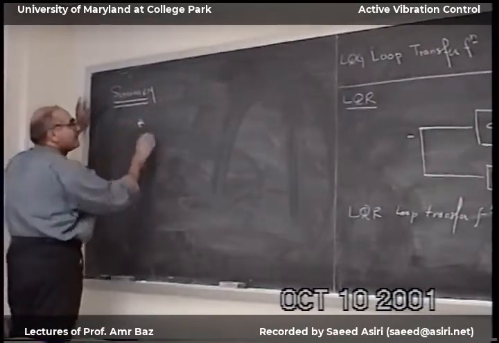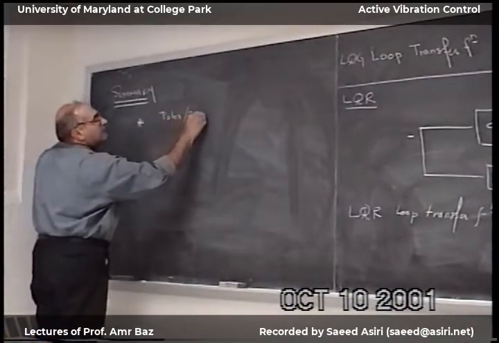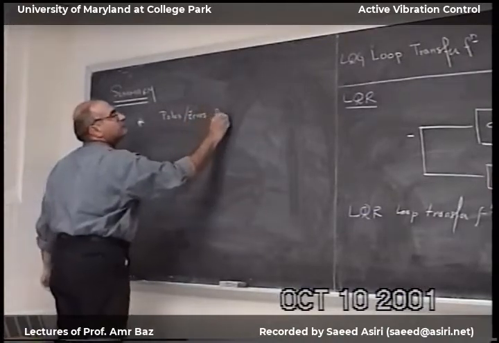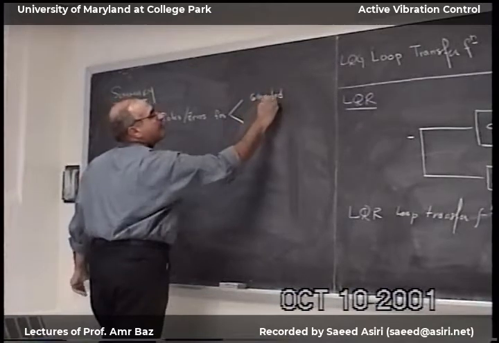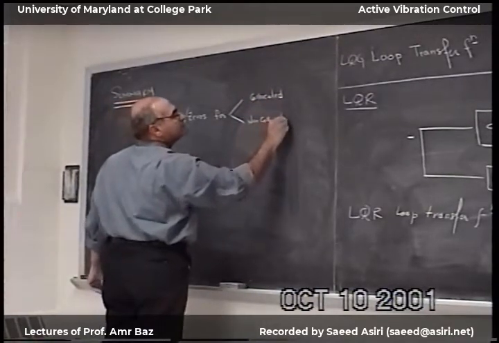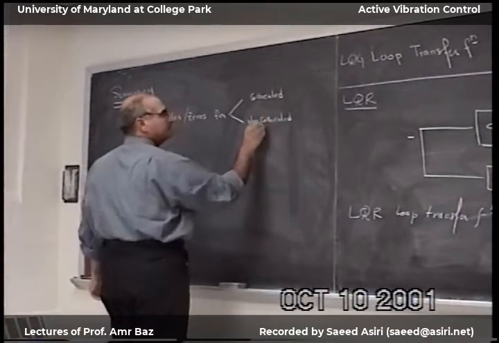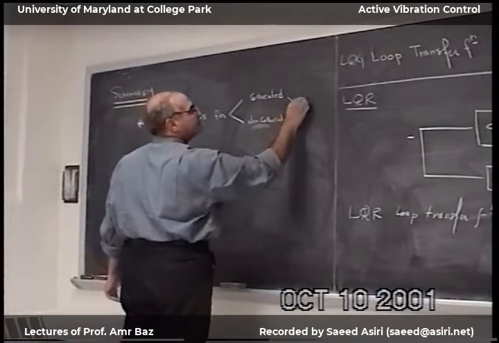We've done poles and zeros for collocated and non-collocated sensors and actuators.